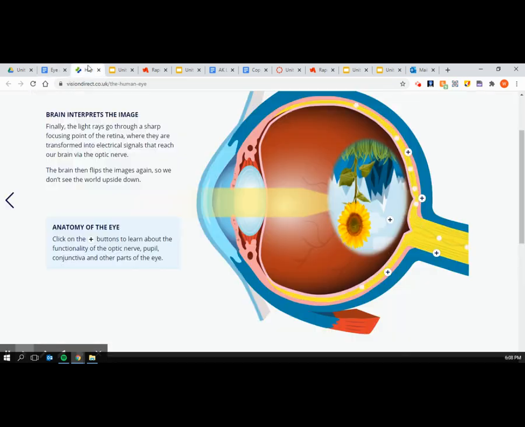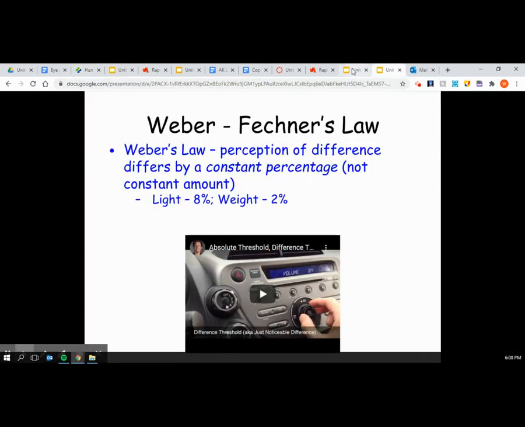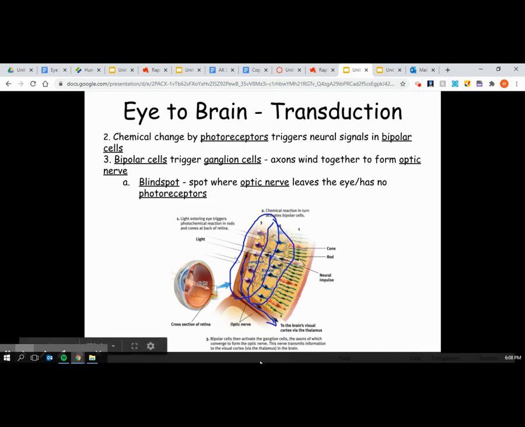You can see in this diagram right here, this is the neural signal that is traveling down the optic nerve right here.